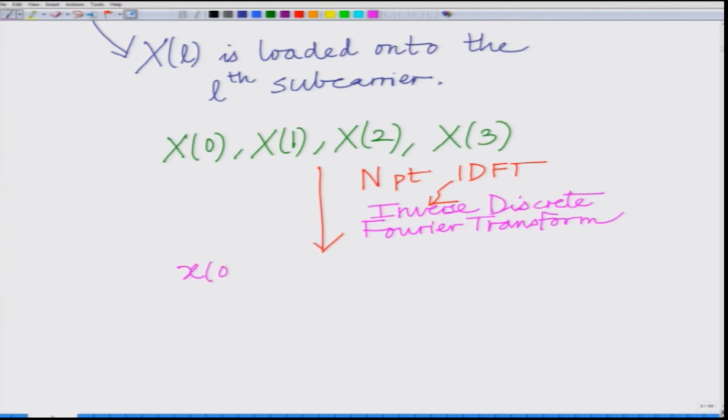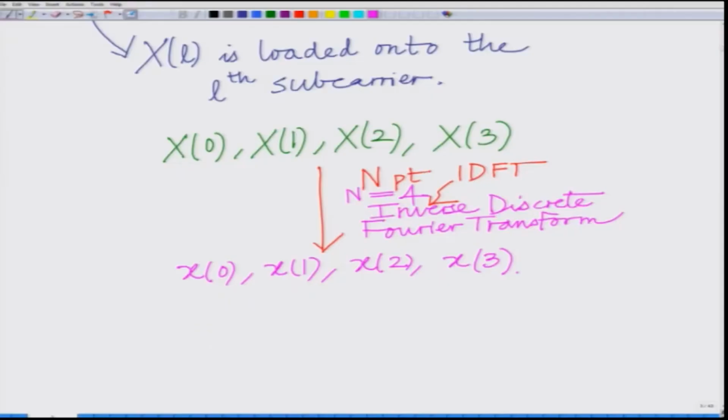This gives the IDFT samples, the small x's: small x0, small x1, small x2, small x3. So, in this case you have an N equal to 4 point IDFT. You take the symbols capital X0, capital X1, capital X2, capital X3 and load them onto the subcarriers, which means you take the N-point IDFT.